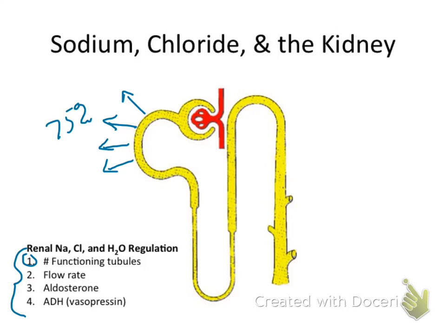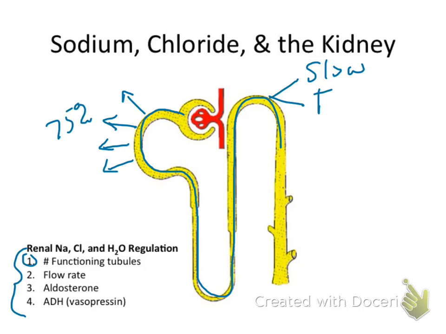Secondly, the amount of sodium and chloride that is resorbed from the ultrafiltrate depends on the flow rate of sodium and chloride through the tubule. If it's a slow flow rate, then there's lots of time for sodium and chloride resorption.